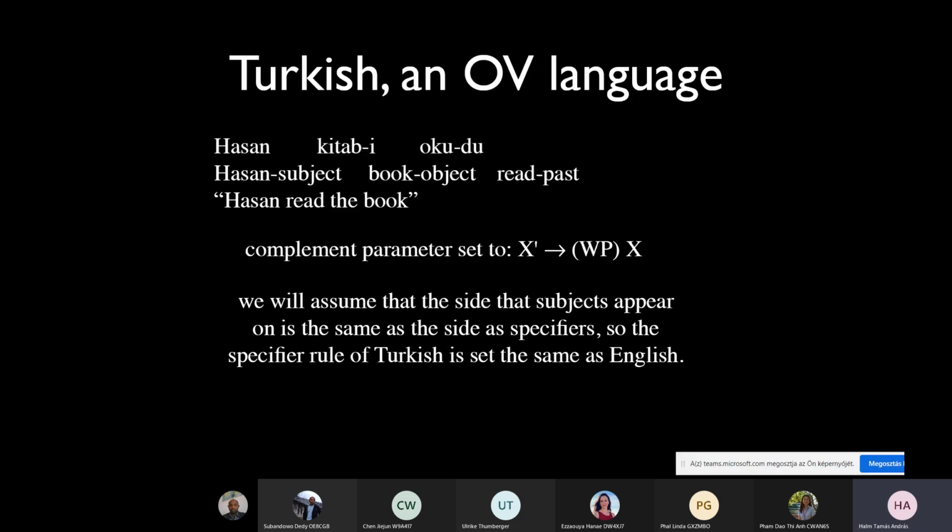The point Ulrike raised, that English is in general VO and Turkish is OV, but some languages such as German have this interesting pattern that in main clauses they have one word order, VO, and in certain subordinate cases they have OV.